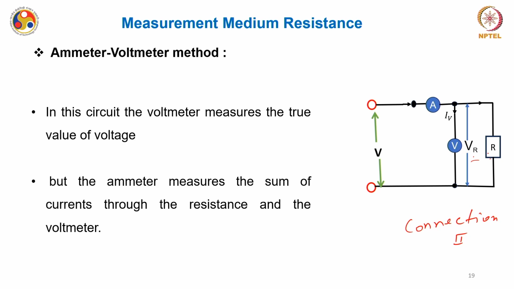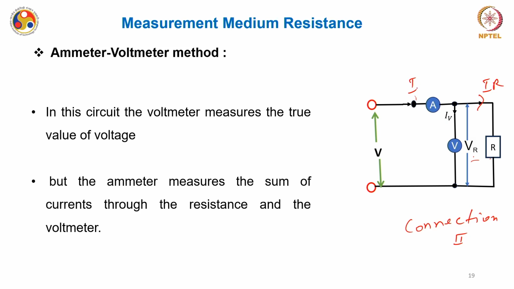this voltmeter is measuring the true value of the voltage which is dropped across this unknown resistor, okay. However, the ammeter is not measuring the correct value, because this ammeter is measuring a current, I am calling this I, which is the sum of the currents flowing through this resistance and the voltmeter, which I am calling IR and IV.